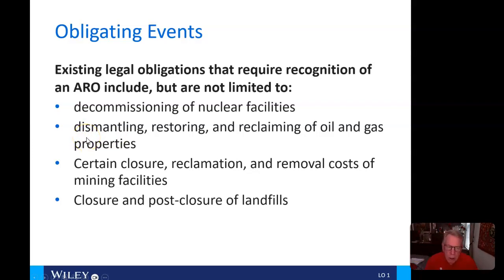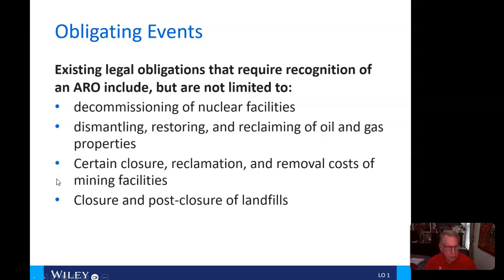And if you think reclaiming a land is cheap, it is not. It's very expensive. Fortunately, I foresaw that and got a disclaimer for that from the prior owner, so they paid for it. Then certain closure, reclamation, and removal costs of mining facilities.